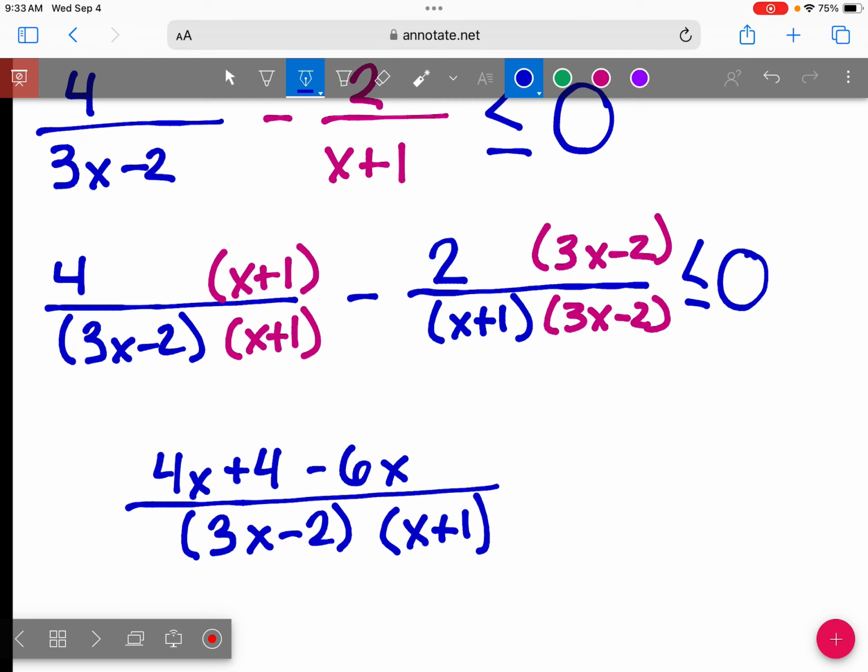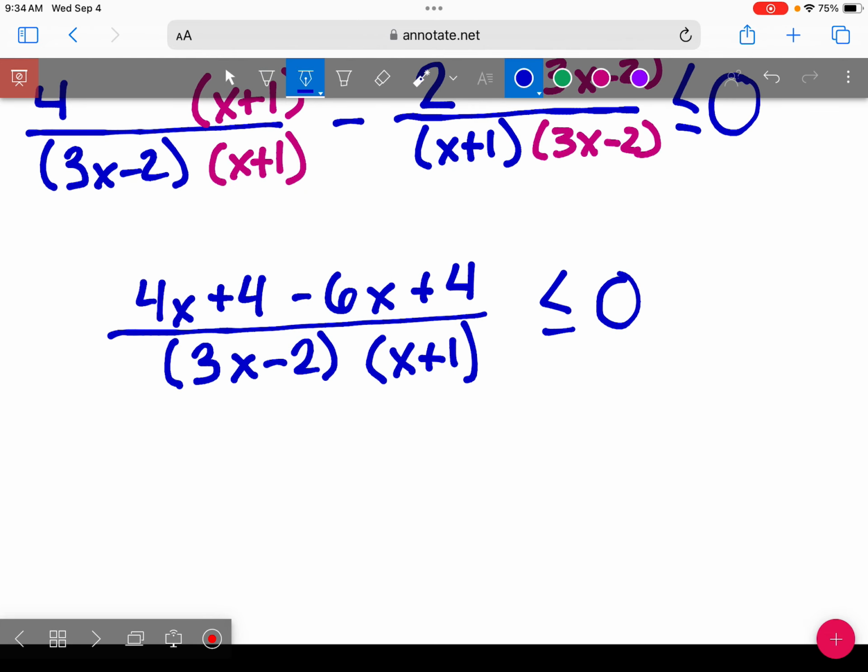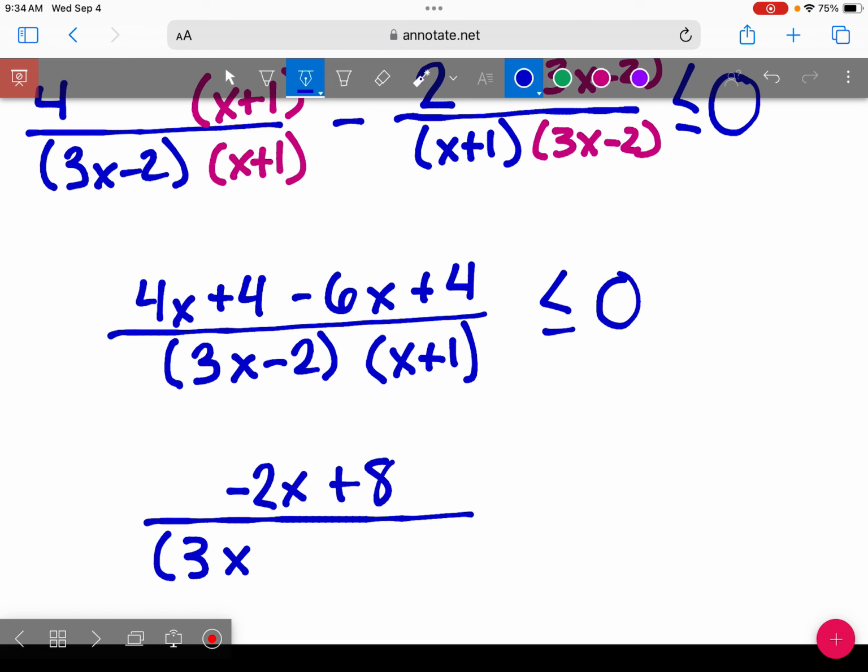Minus 2 times minus 2 gives me plus 4. So fully simplified, what do we have in our numerator? Negative 2x plus 8 over our 3x minus 2 and our x plus 1.